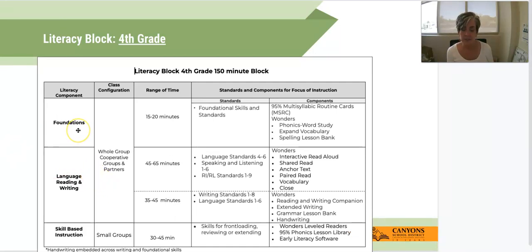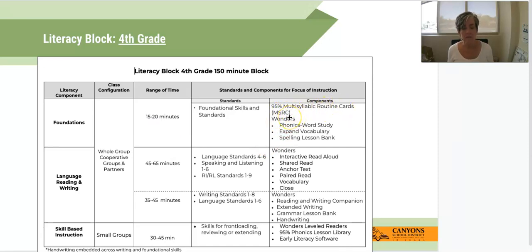Here you see foundations, and that you'll be doing that between 15 to 20 minutes every day. We recommend around 15 minutes. There will be some days where you will have things that are shorter, and there will be two components that you'll be marrying together. One will be this idea of the multisyllabic routine cards.